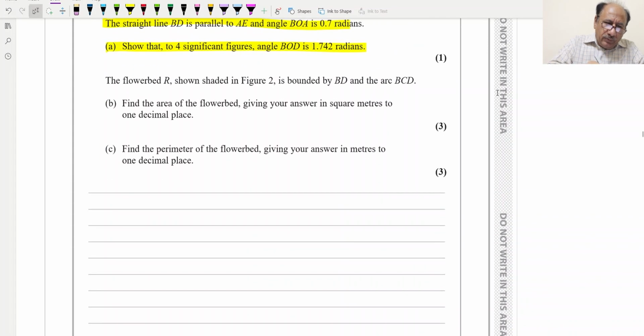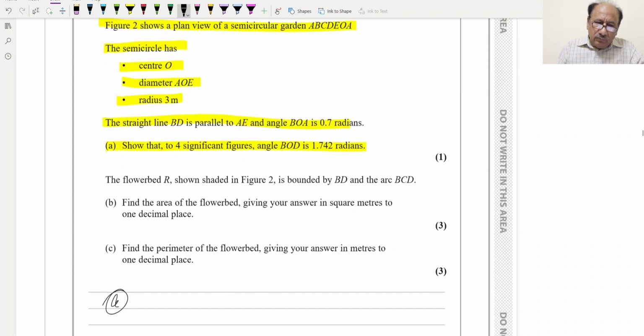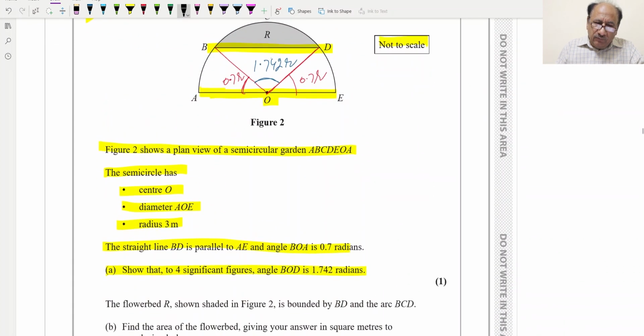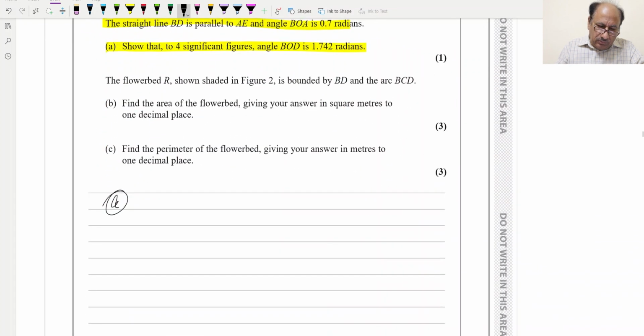Now for part A, we can write angle BOD will be pi minus 0.7 into 2.